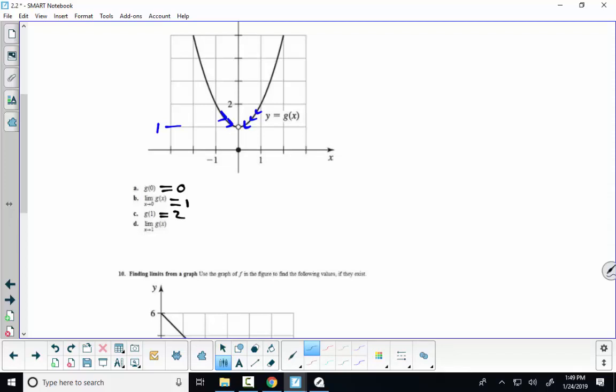And the limit as x approaches 1 equals 2 as well. Again, another two-sided limit. So we're approaching this y value here. Make sense? Questions on that?